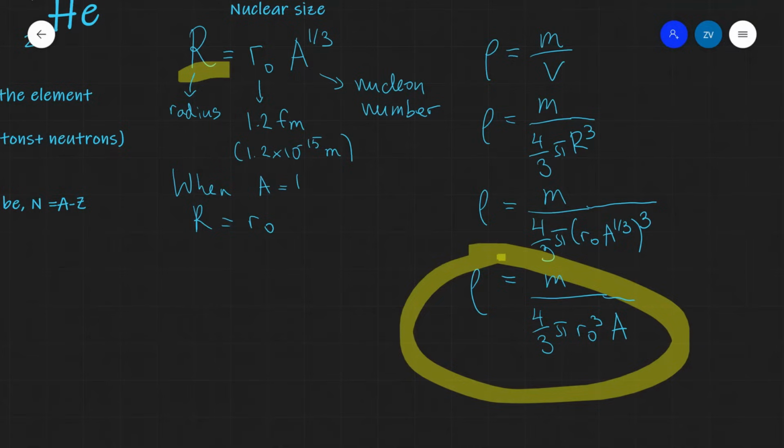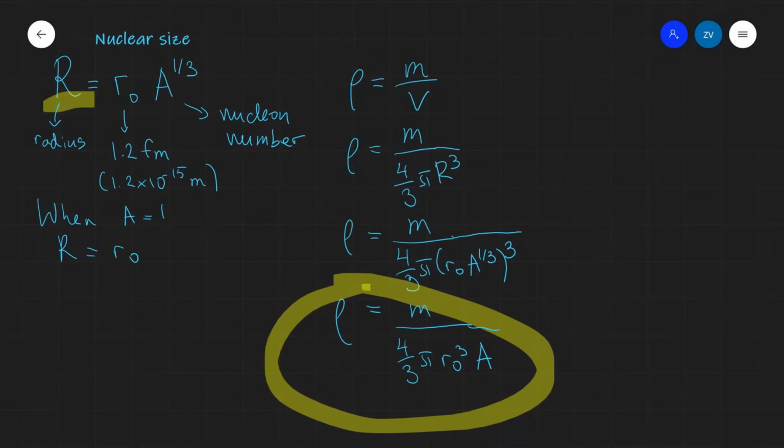Now, the density of the nucleus itself is extremely high. So most nuclei have a density of approximately 10 to the power of 17. So if we're calculating the density, it's about 10 to the power of 17 kilograms per meter cubed.